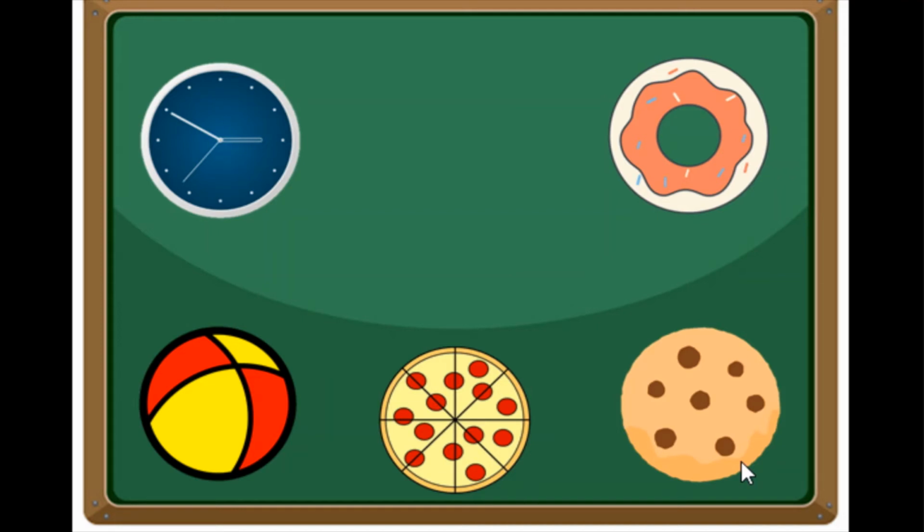Now, what is something in common with all of these 5 figures? The clock, the donut, the cookie, the pizza, and the ball. What thing is the same with all of them?